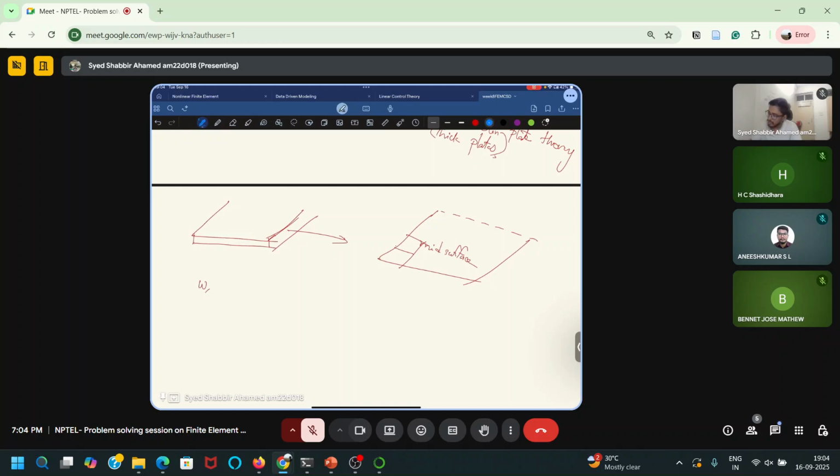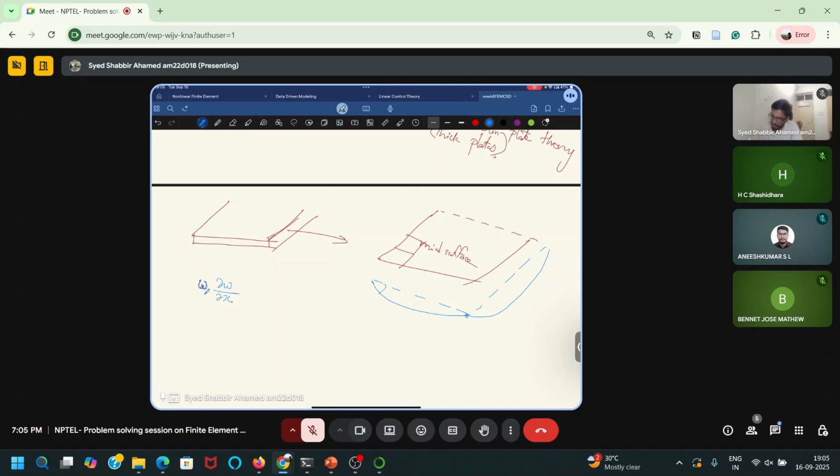at each node I will have a vertical, transverse displacement, and let's say this is the slope in one direction, and the plate can also bend in the other direction, right? In two directions it can bend.